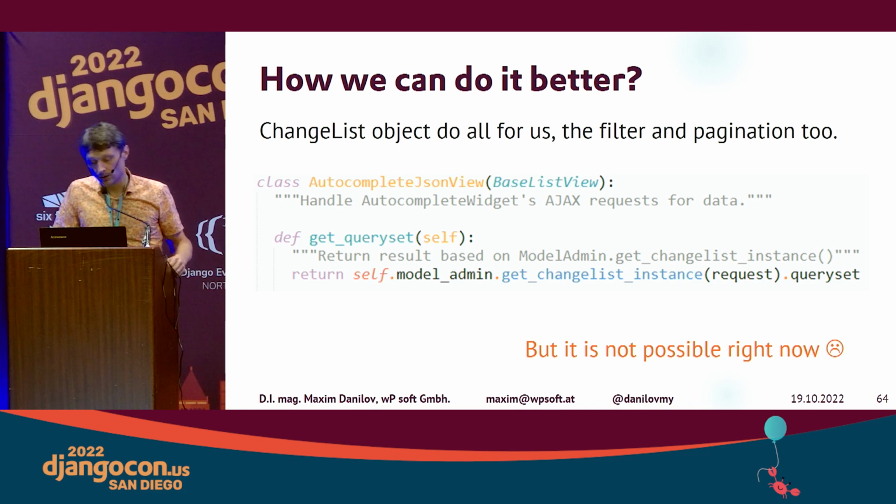It means we should probably override or change autocomplete JSON view, and probably we can use getChangeList instance to receive the results of autocomplete. But right now it's not possible directly in Django.